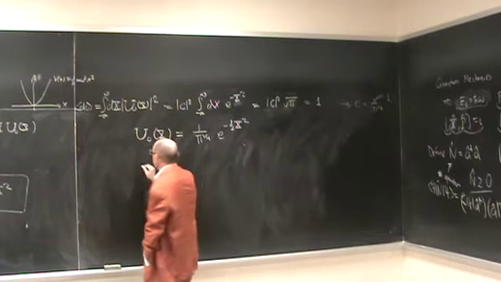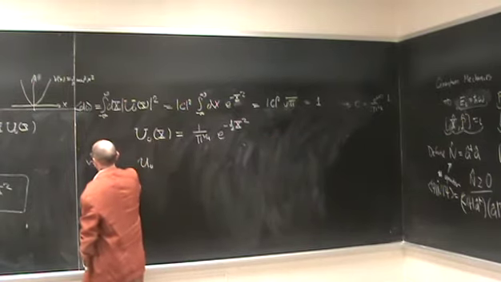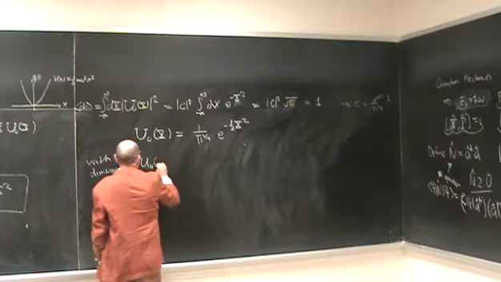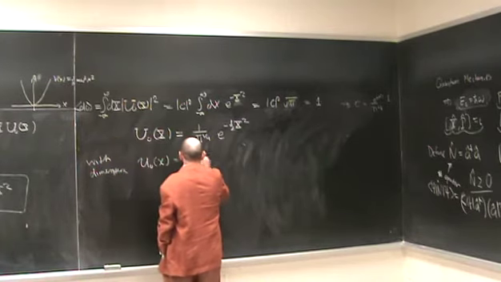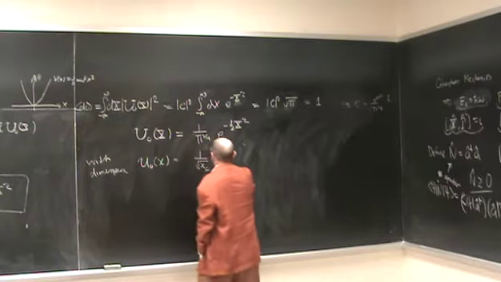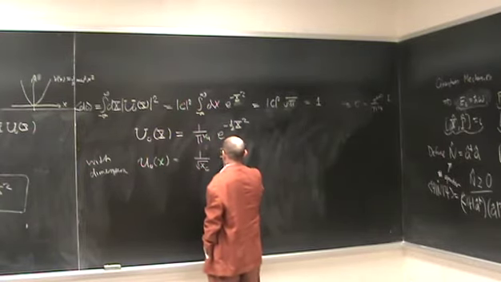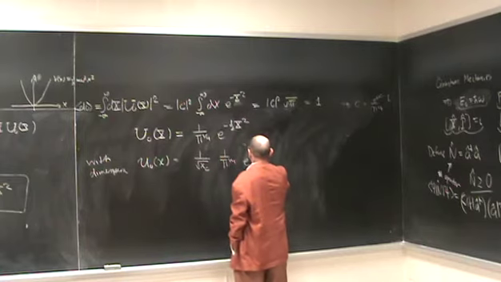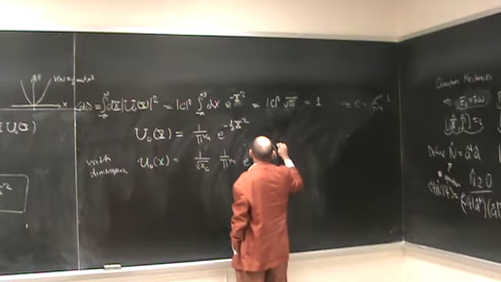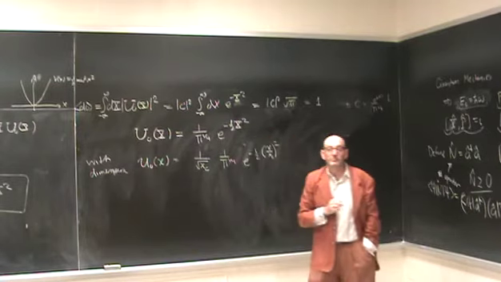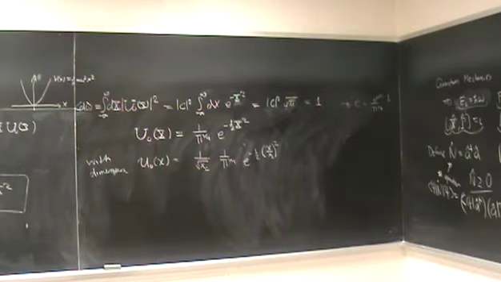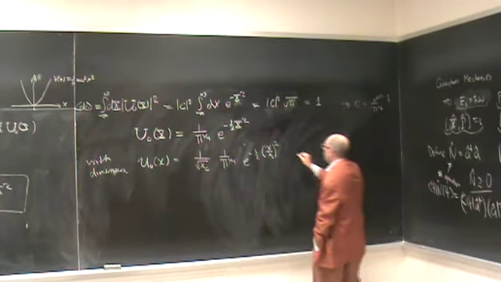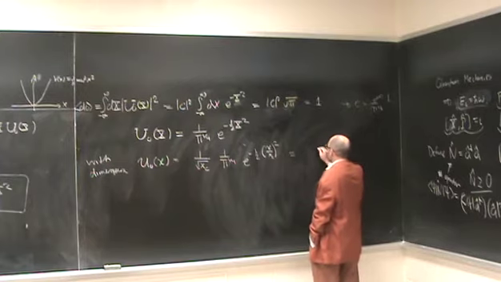In dimensionful units, I have to put in a 1 over the square root of x c, the characteristic unit.